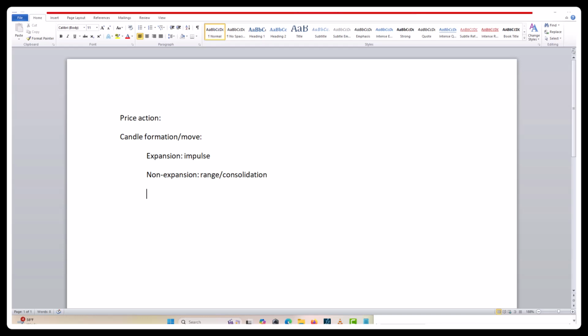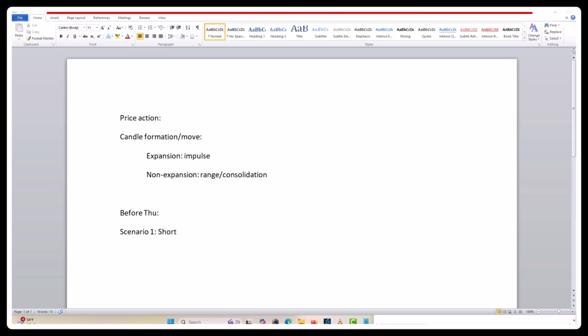All right, so before Thursday, let's break it down. Before Thursday, we have two scenarios. Scenario one, short setup.